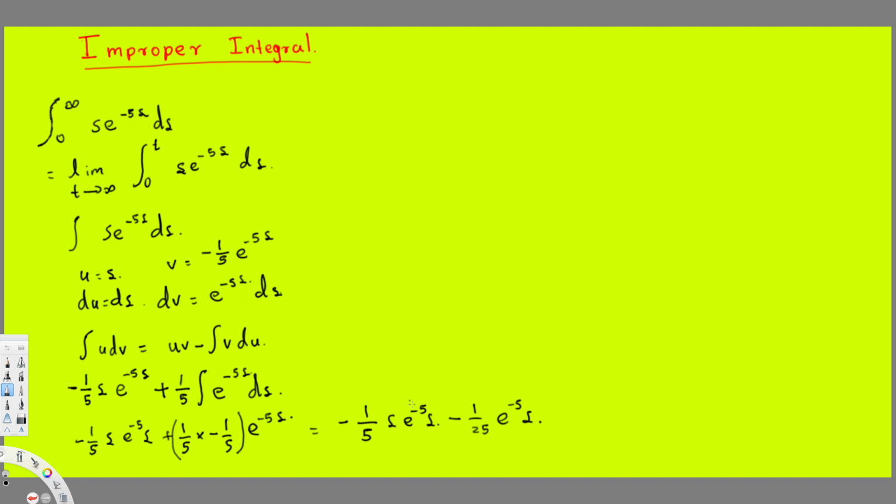So this is our integrated form right now. Let's bring the limit back by continuing this one right here. So we have the limit as t approaches infinity of the function, and let's write all these things in the bracket.